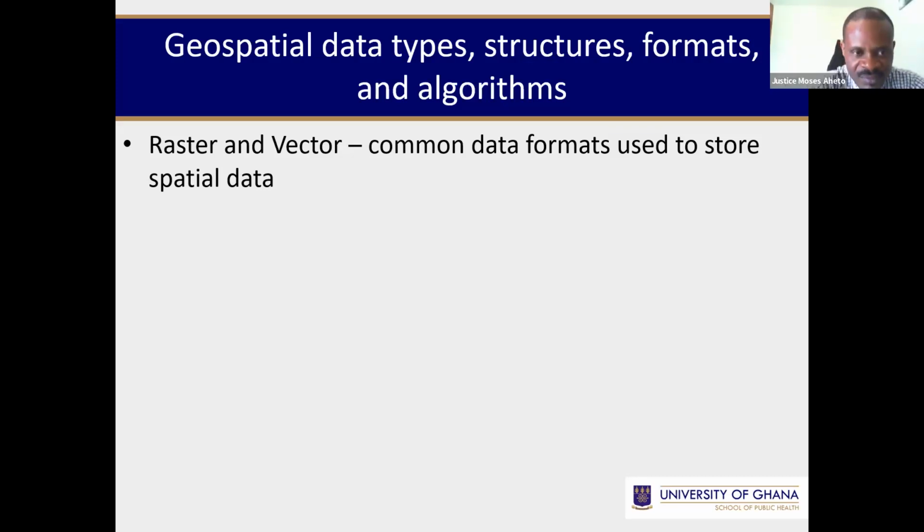Now, there are two common data formats that you can think about. These are widely used everywhere you go. And those of you who will be developing interest in mapping geographic data and doing some modeling in the near future, these two are formats you can never run away from.